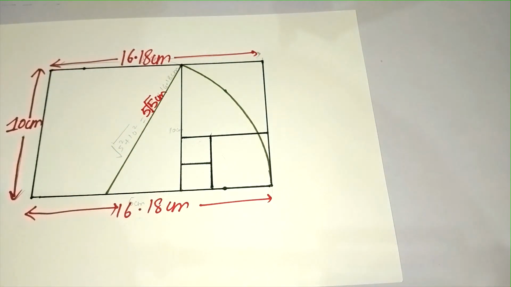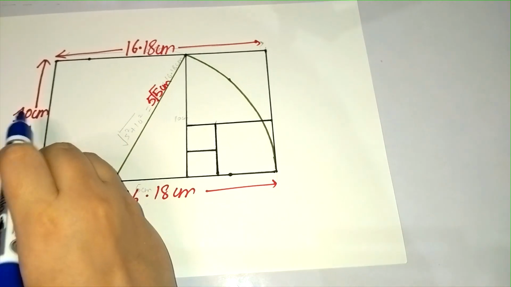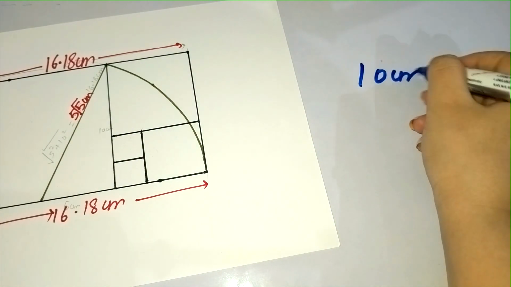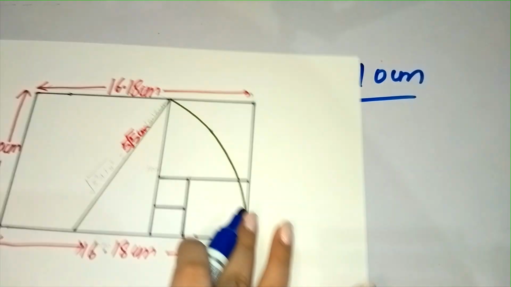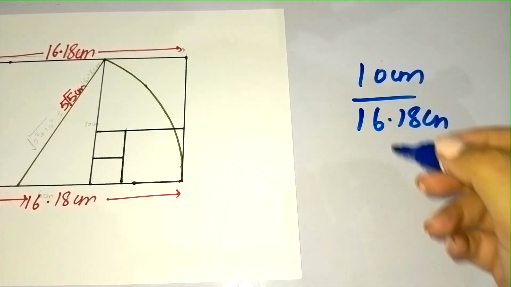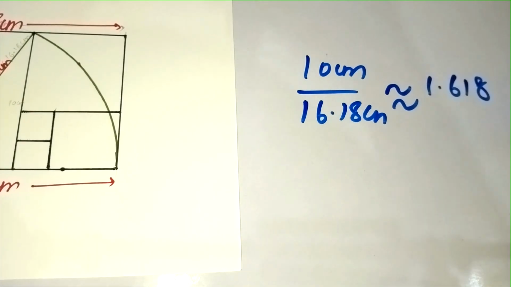Now why is it called a golden rectangle? Because if we divide the side, that is 10 centimeter, to the longer side 16.18 centimeter, we get approximately 1.618, and this 1.618 is the golden ratio.